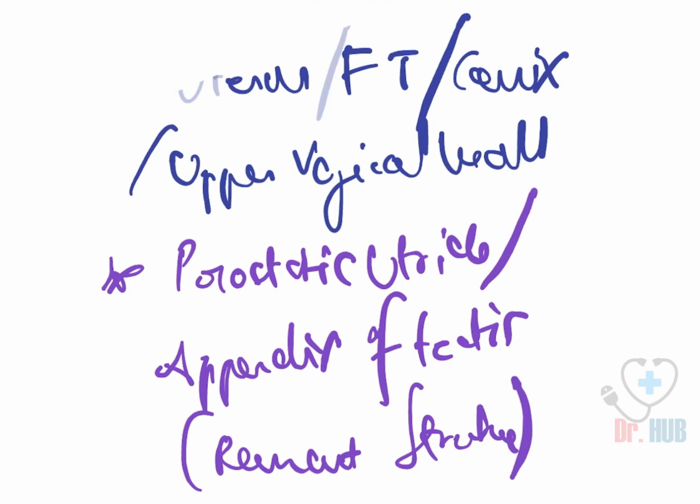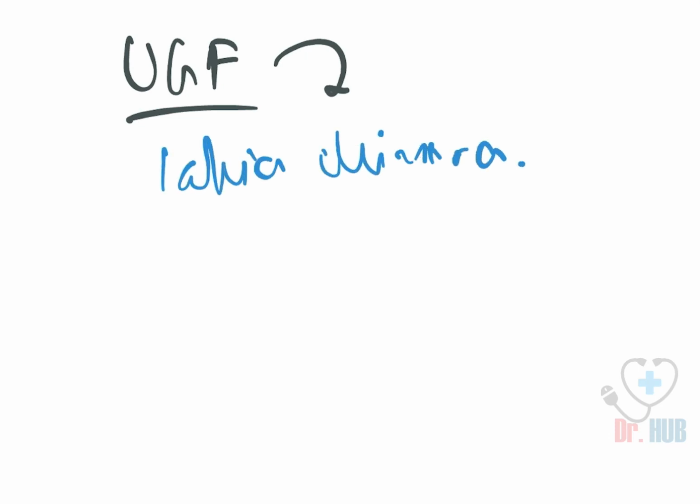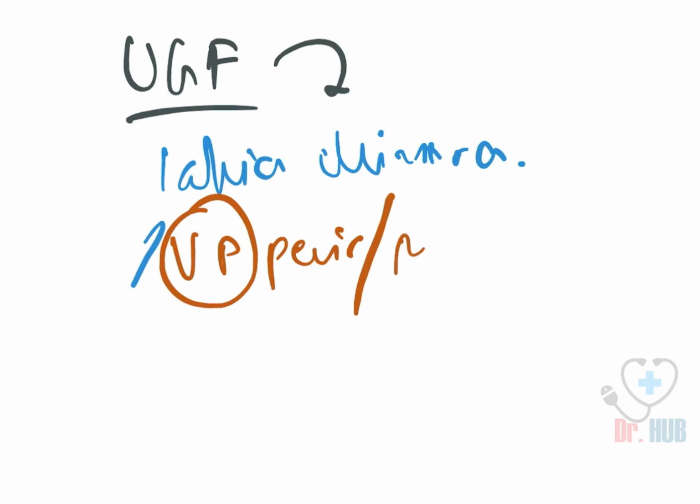So now moving on to answer the questions we asked at the start. The first question was, in case of the urogenital folds, what are the structures? In females, it is nothing but the labia minora. And in the males, it is nothing but the ventral part of the penis, or that is the penile urethra.